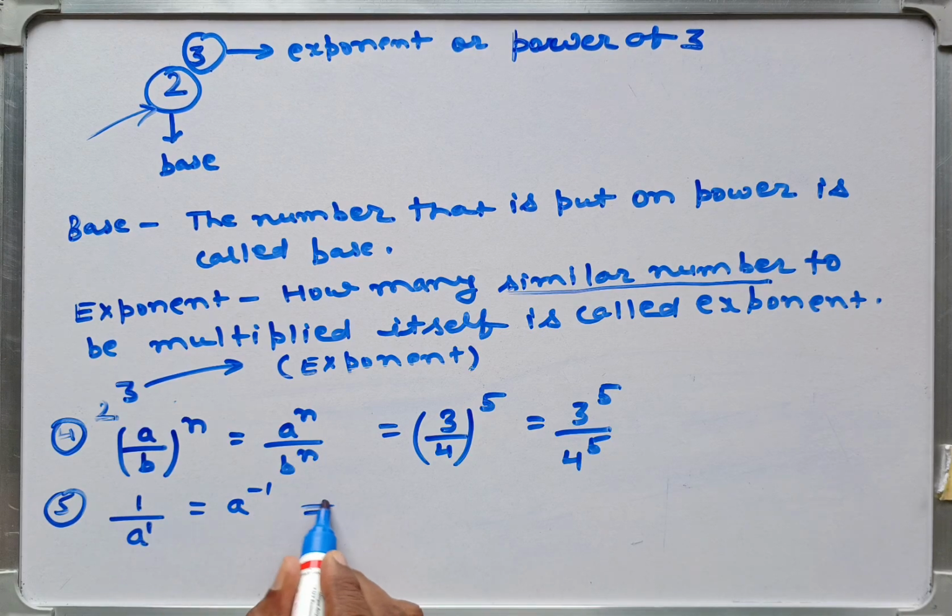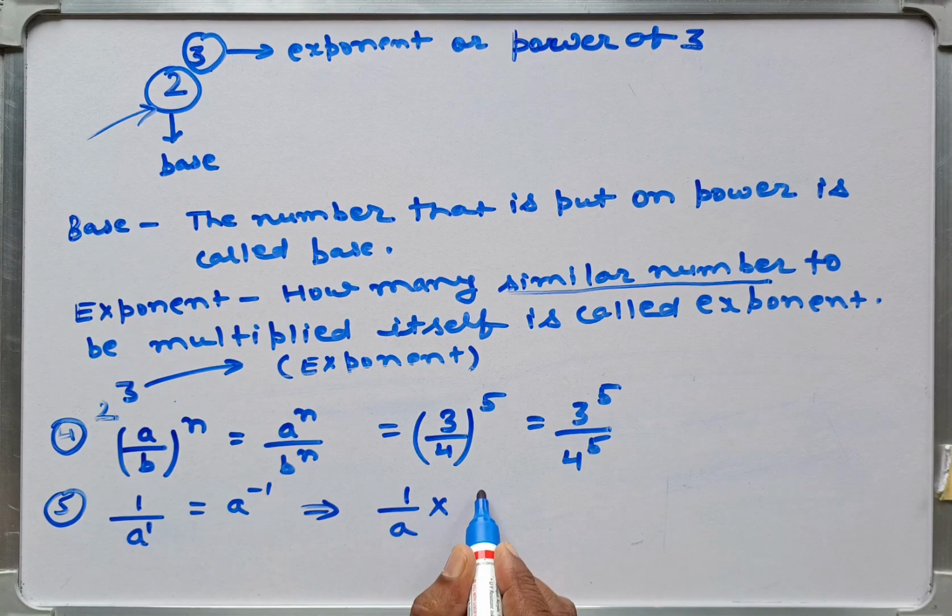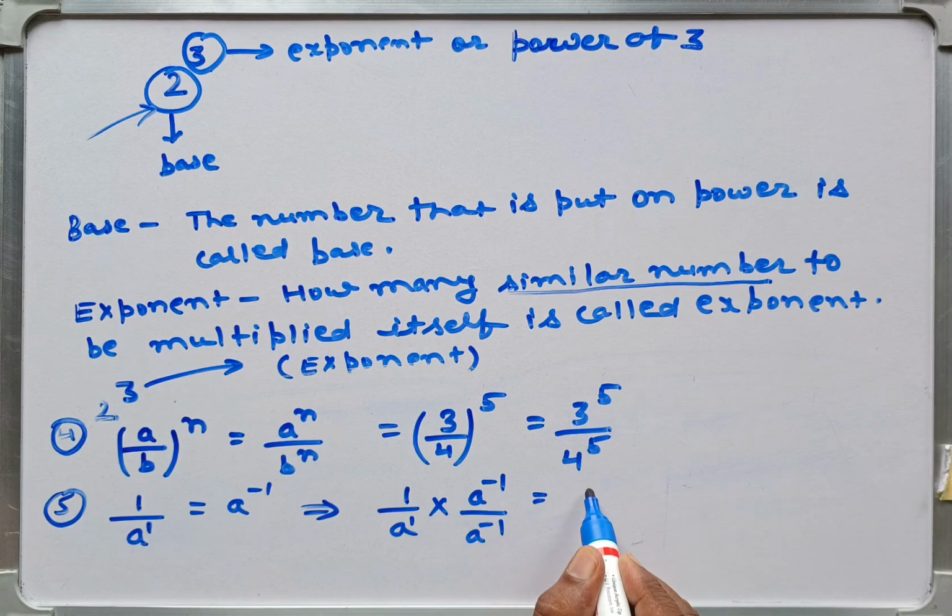See how this will come. We can write it like this, or again if we multiply the numerator by a to the power of minus 1 and the denominator by a to the power of minus 1, then what can we write here?